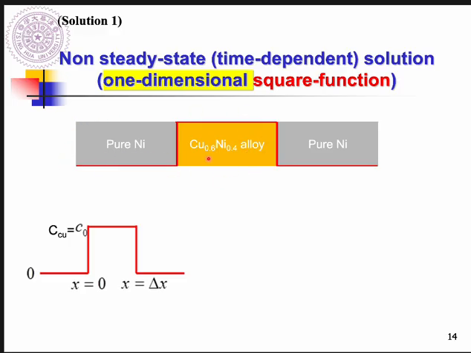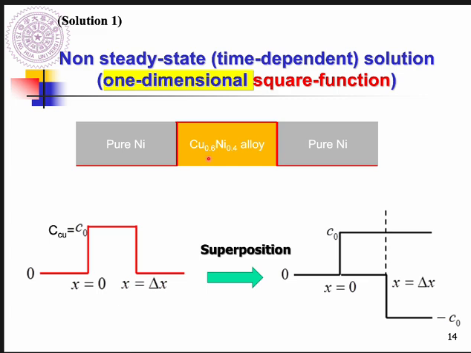So the solution here is we are going to use a superposition technique, which means stacking. You can notice this is actually very similar to the previous diffusion couple, except we have one more nickel. That one is called a step function, but this one is a square function, mainly because we have one more nickel. So we know the corresponding solution for the step function.